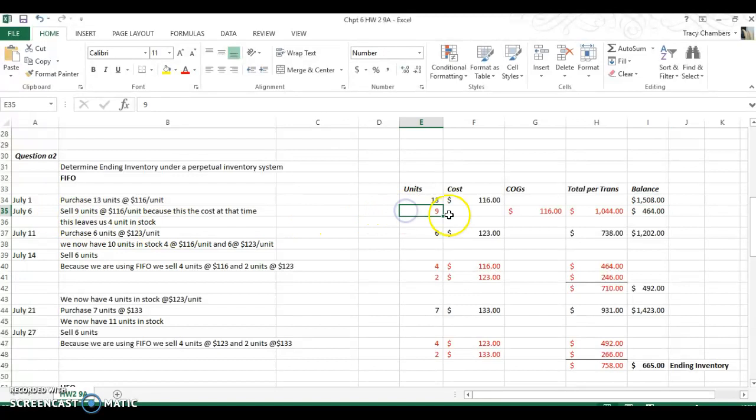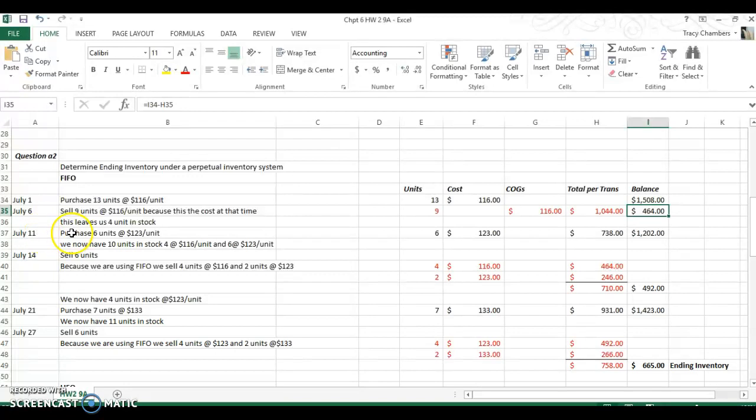Our total transaction is $1,044. To get our new balance, we deduct $1,044 from our original balance of $1,508, which gives us a new balance of $464. And we need to know that this leaves us with 4 units in stock. We had 13, we sold 9, we have 4 left.